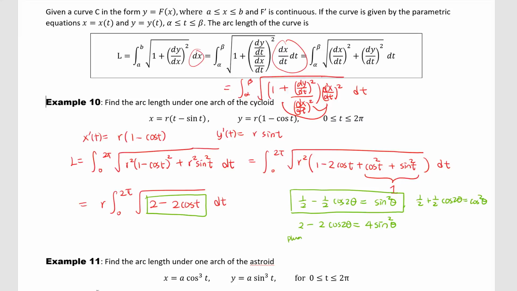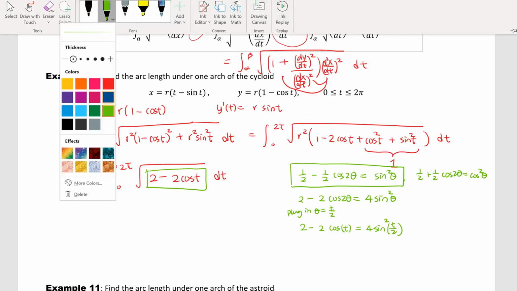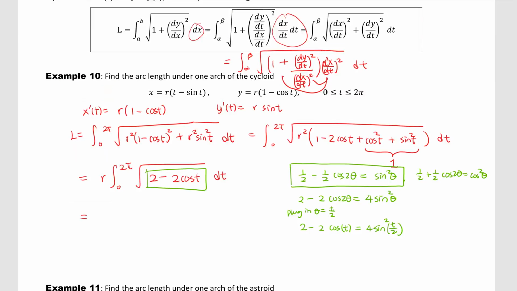Now plug in theta equals t over 2. That will work. So we get 2 minus 2 cosine of 2 times t over 2, which is t, equals 4 sine squared of t over 2. Yes, so we get this equals r times the integral from 0 to 2 pi of the square root of 4 sine squared t over 2.